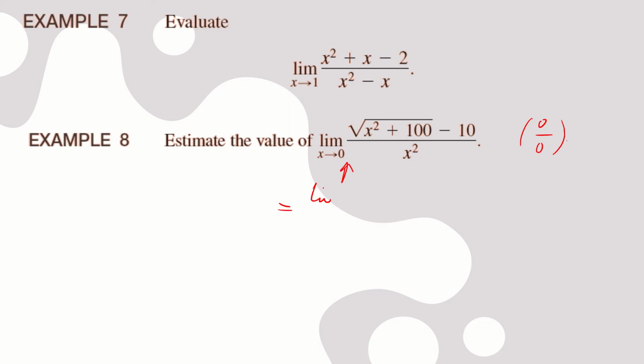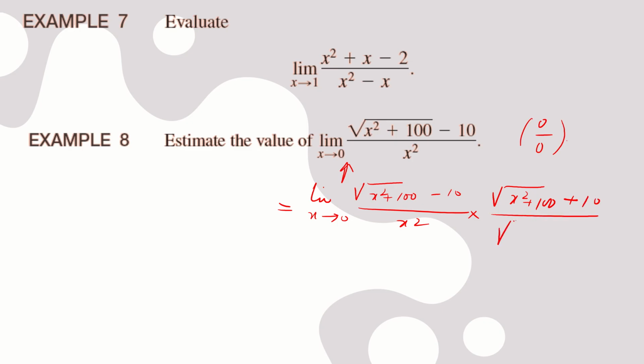So we can rationalize this function, multiplying and dividing by the conjugate of this function, which is obviously under root x square plus 100 plus 10, and dividing with the same as well, under root x square plus 100 plus 10.